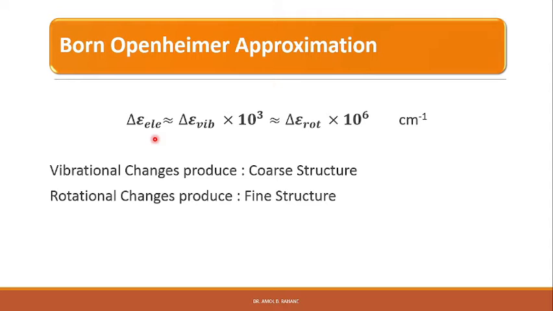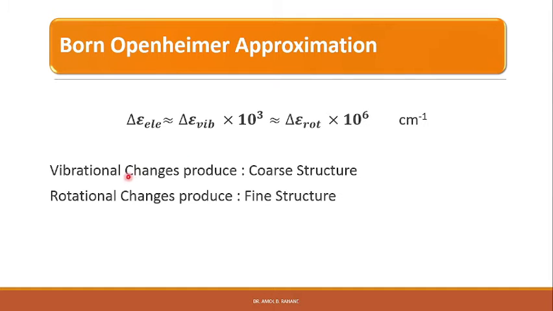The approximate magnitudes of these changes in the energies are of the order: delta E electronic is nearly equal to delta E vibrational into 10 raised to 3, which is nearly equal to delta E rotational into 10 raised to 6. That means the changes in the rotational energy levels are much smaller as compared to the electronic energy levels.